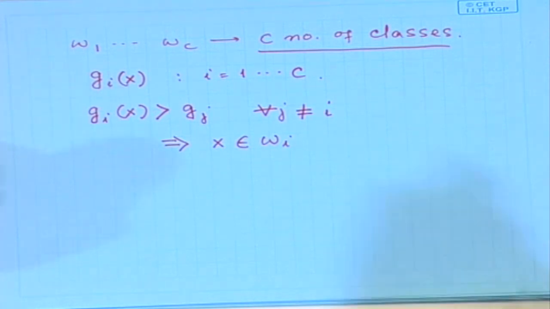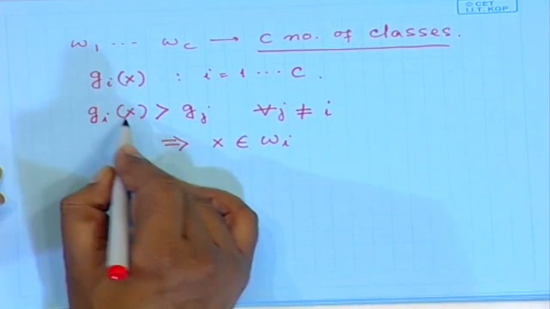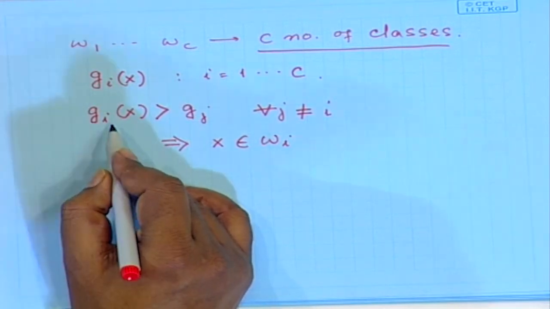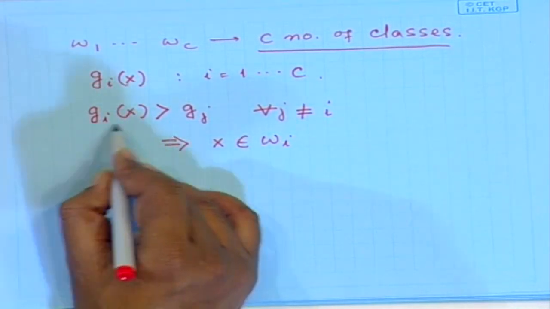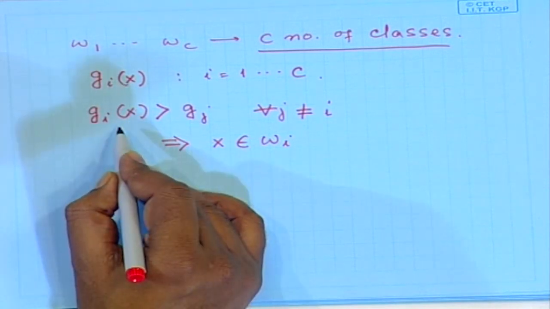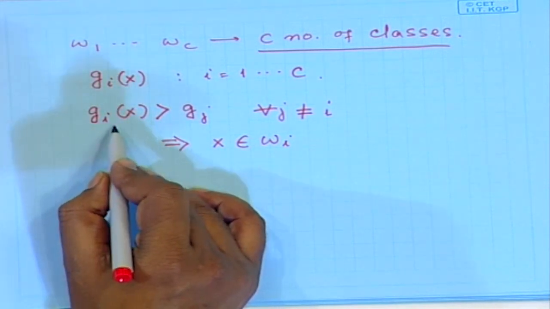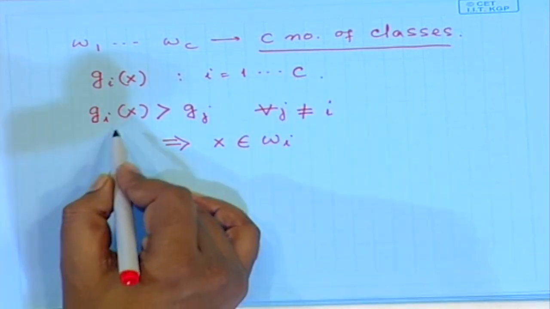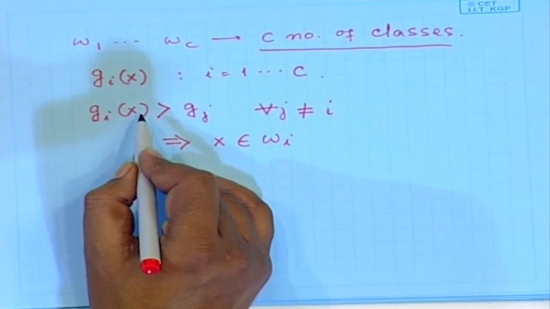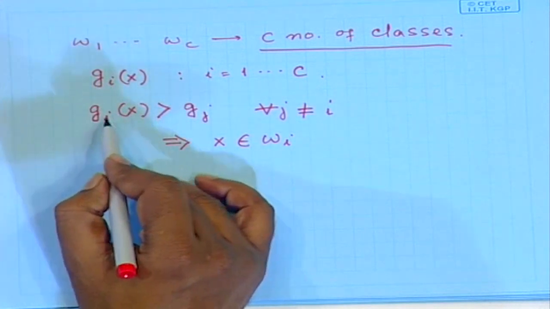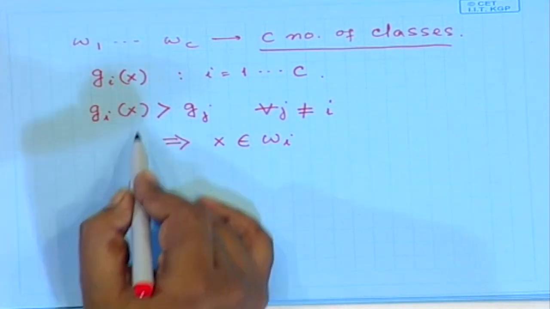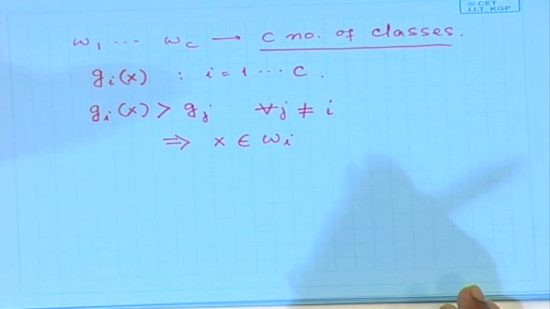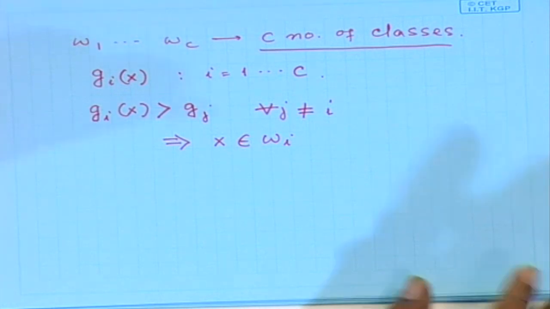This means that whichever class gives the maximum value of the discriminant function, I put x into that corresponding class. Now, what will be the nature of this discriminant function under different conditions?